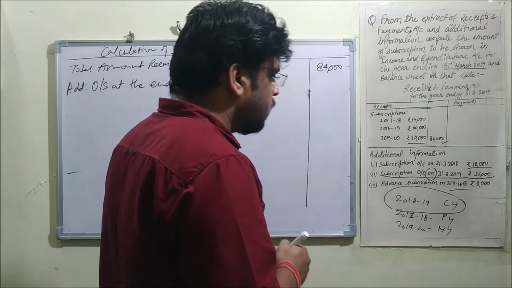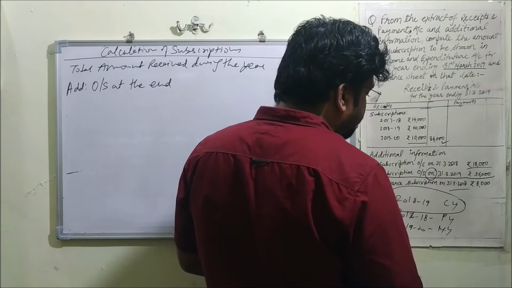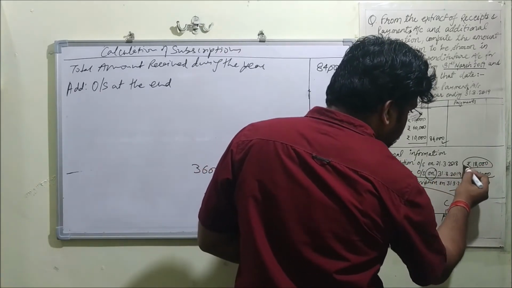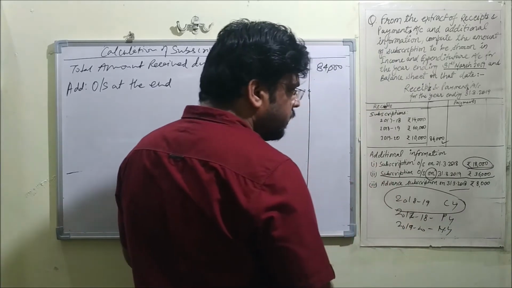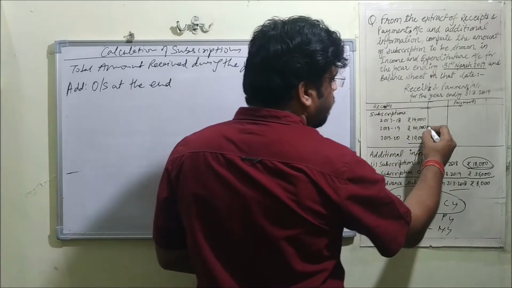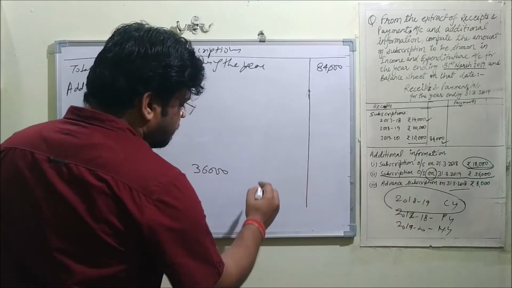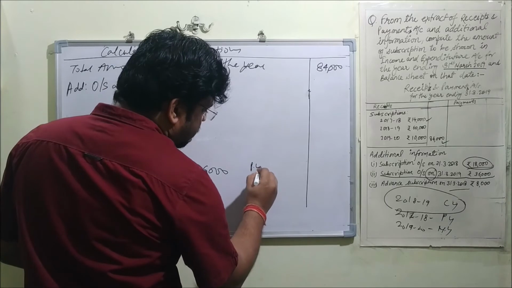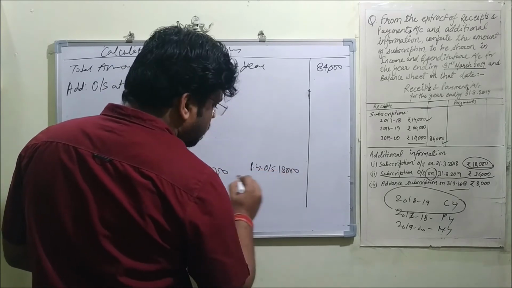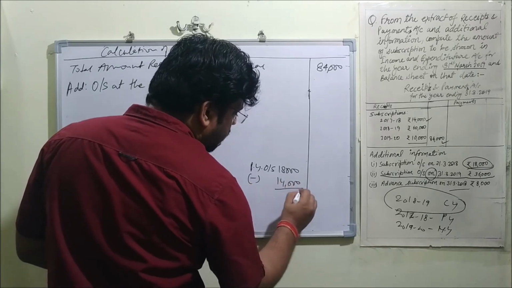So let's see. We'll have to see how much amount of previous year was outstanding. The previous year was 18,000 outstanding. Okay. And how much has been received this year related to previous year? 14,000. Means we can clearly understand that previous year outstanding money was 18,000 and how much has been received this year? 14,000.